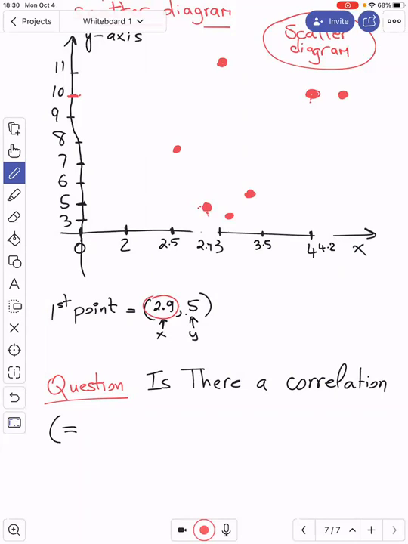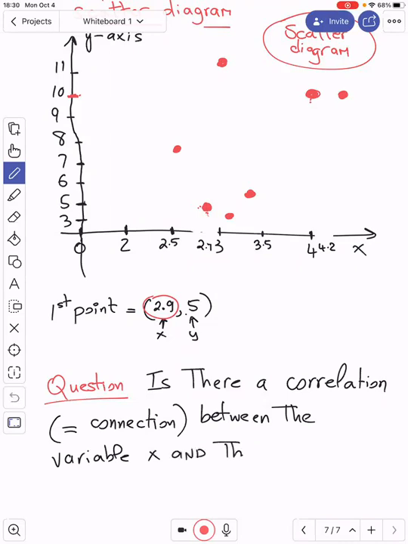What I mean by correlation is a connection or a relationship between the two variables.